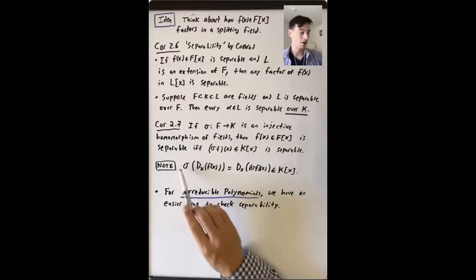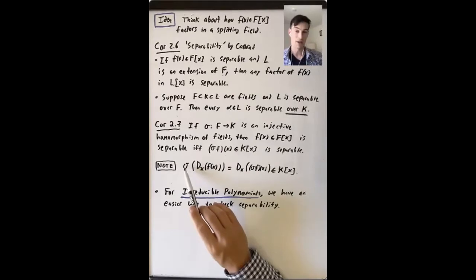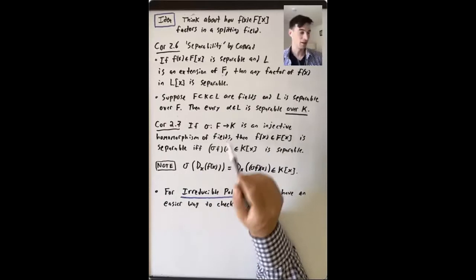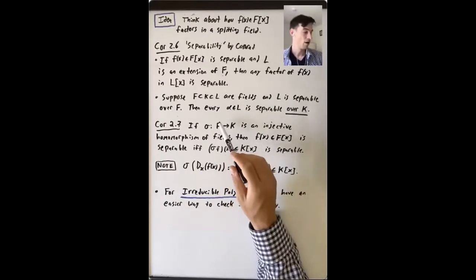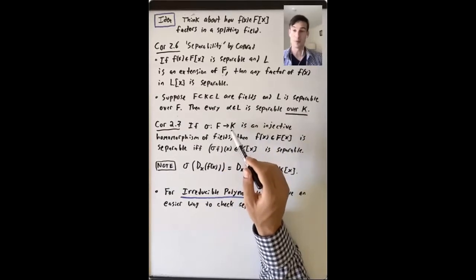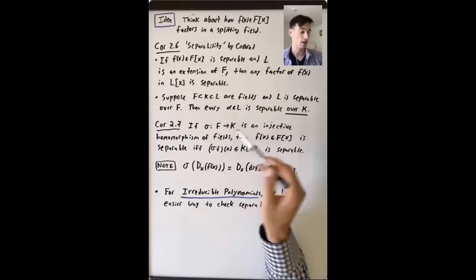So along the way, you might want to prove for yourself that if you apply sigma to this, being a little loose here, we have this homomorphism between these two fields. This extends to a homomorphism from F[x] to K[x] that you get by applying sigma to the coefficients of your polynomial.